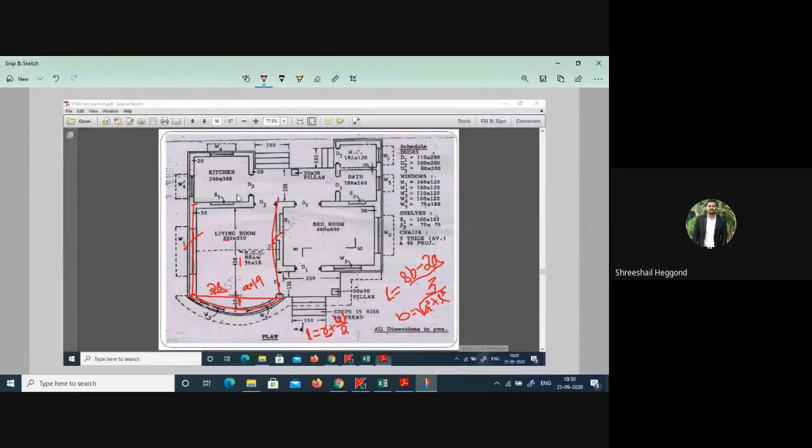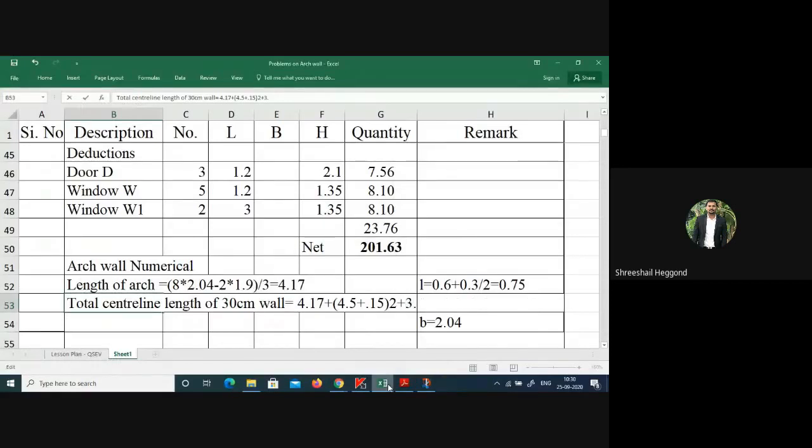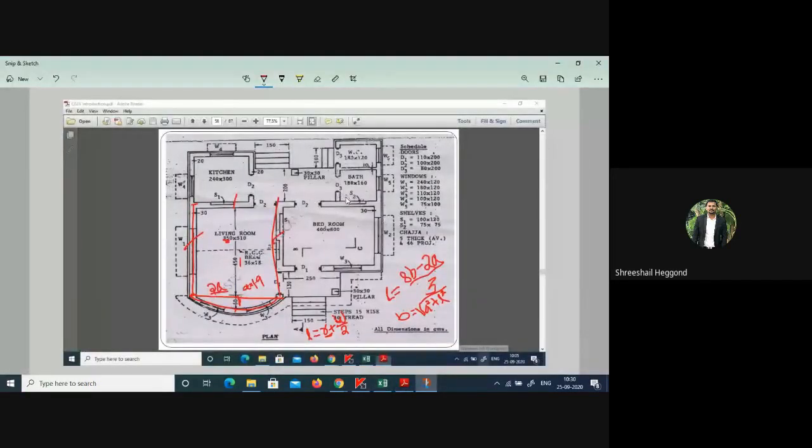Next, this wall you can consider. That is horizontal width internal 3.5 plus both the side half of wall thickness, that will be 3.8. Plus one more room is there. This room, this length you can calculate. That is also a 30 centimeter wall.